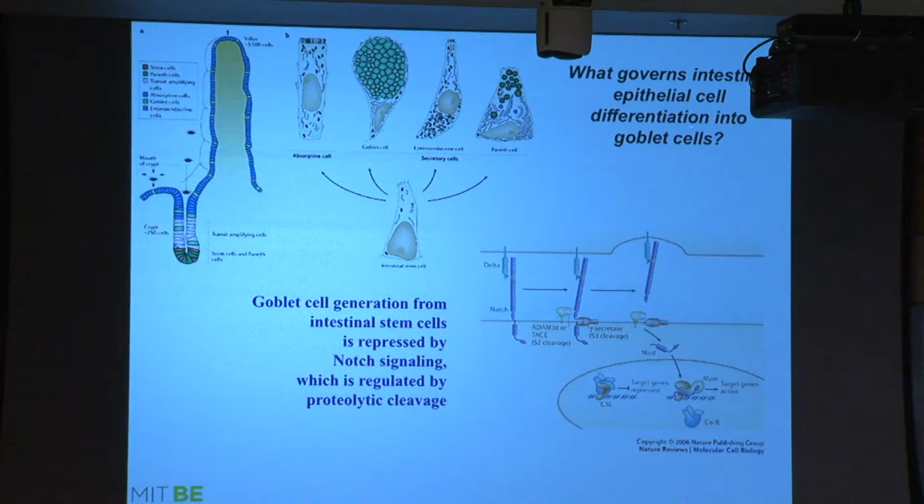So what is actually governing this? Well, it has to do with epithelial cell differentiation into goblet cells. Another way to perturb that is by a Notch inhibitor, because goblet cell differentiation from intestinal stem cells is repressed by Notch signaling, so we have an independent tuning of what the epithelial cells are predicted to be doing in this model.